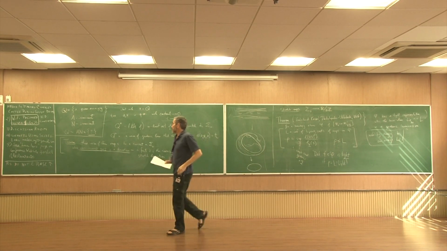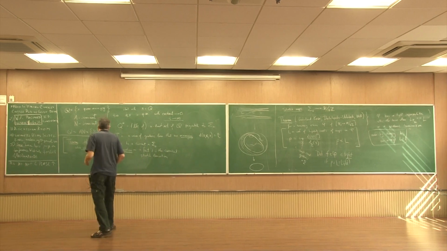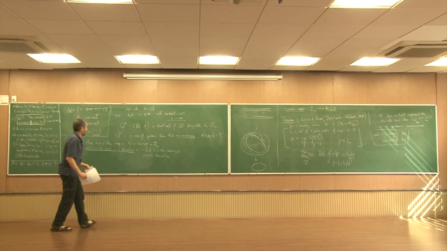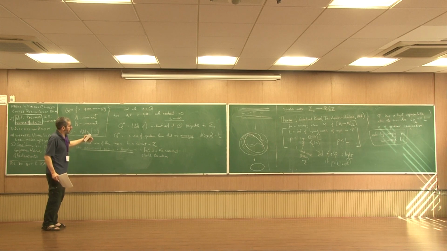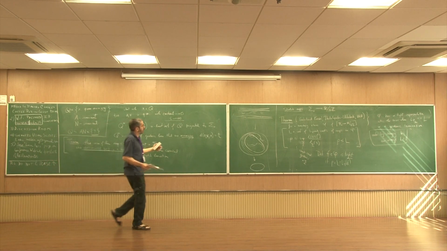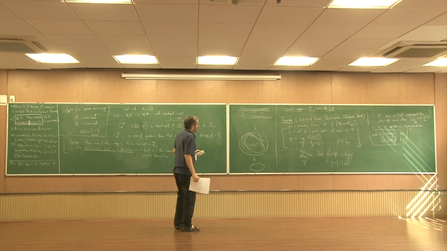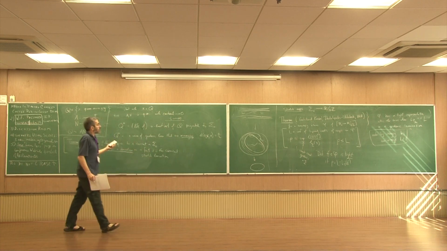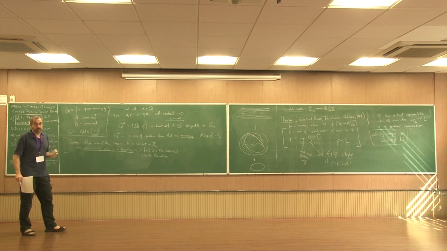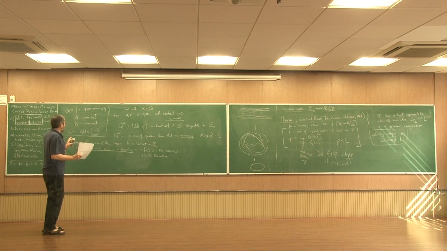And now I want to give you a feeling for how the structure of this lamination gives you information about horocycle orbit closures. So what do we know so far?